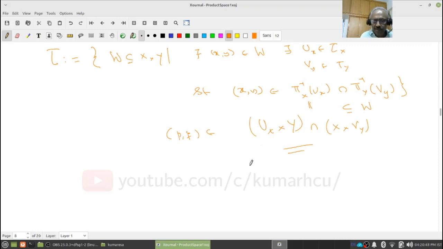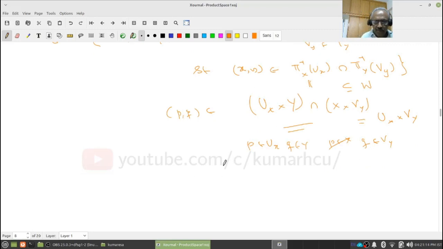It belongs to this means p must be in ux and q must be in y, but it also belongs to this, that means p must be in x. That's a redundant condition because p is already in ux, and q must be in vy. Therefore this object is nothing other than ux cross vy. Right? Are you following? Pause, review, proceed.